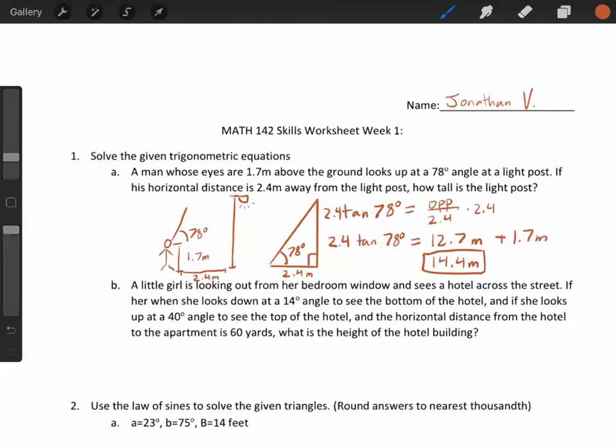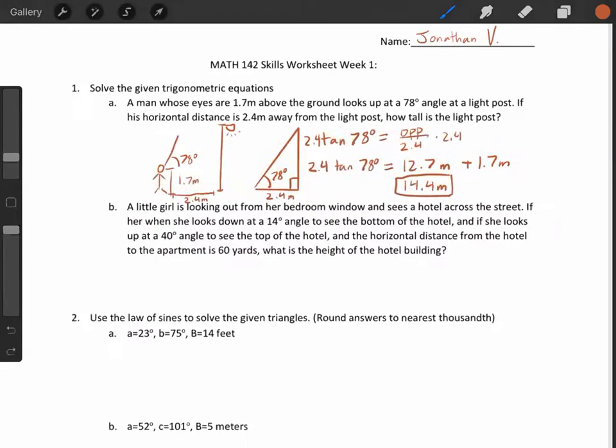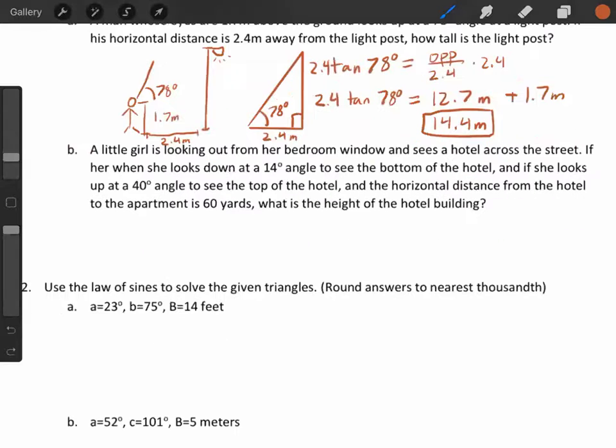So just keep that in mind, read through the whole question thoroughly, and realize, oh, it starts 1.7 meters above the ground, and find all these key points so that you can solve the problems.